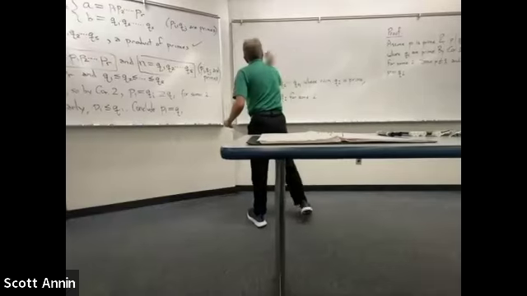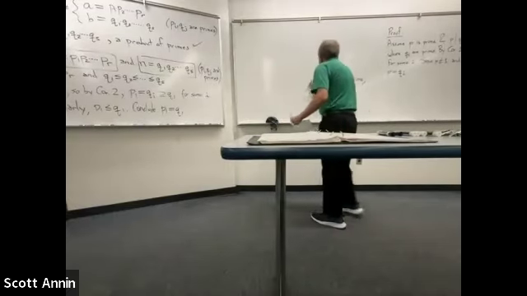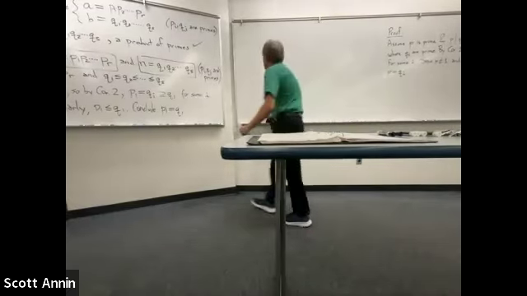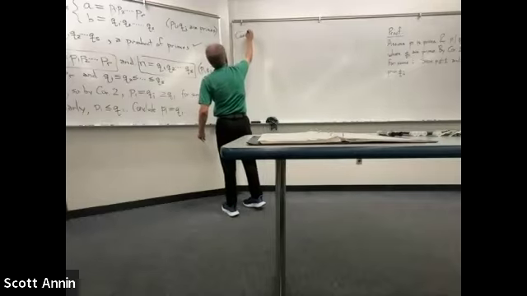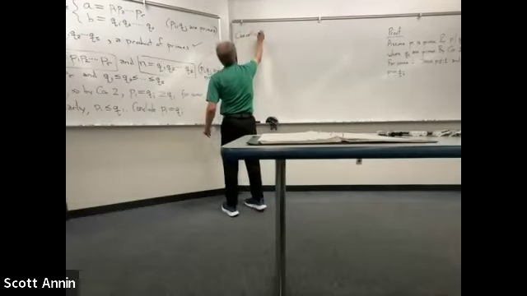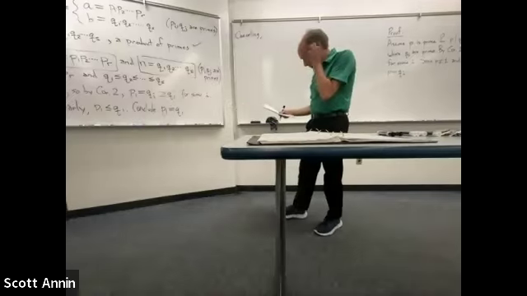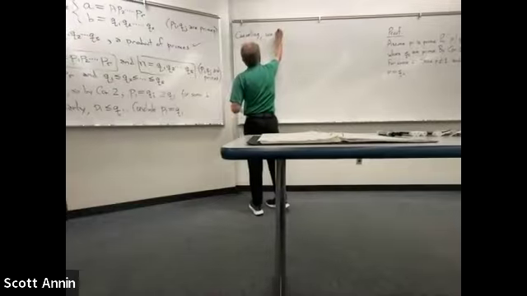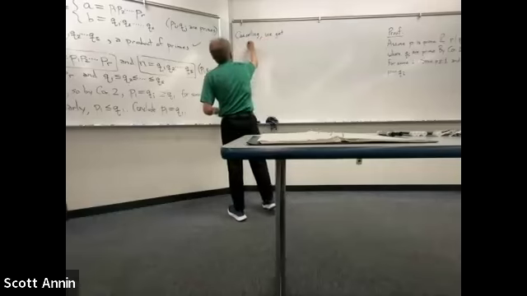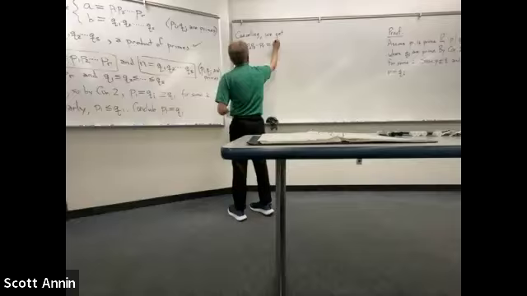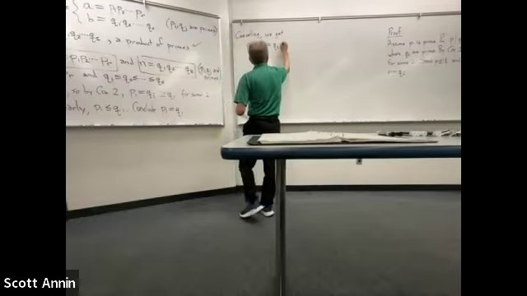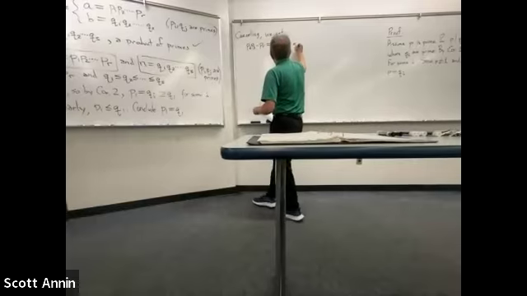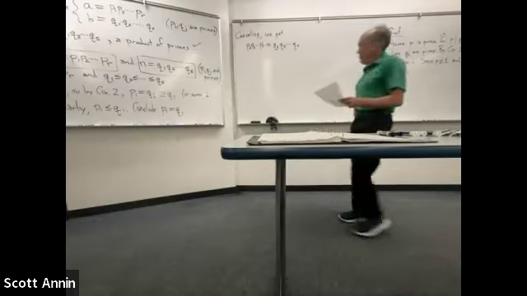So canceling is the trick we need right now. Canceling, we get P2 times P3 dot dot dot up to PR equals Q2 times Q3 times dot dot dot up to QS.